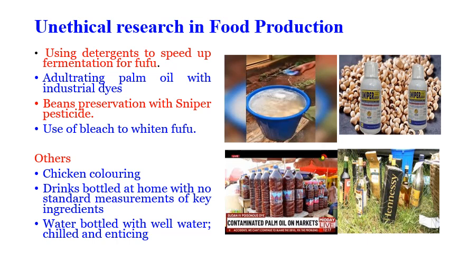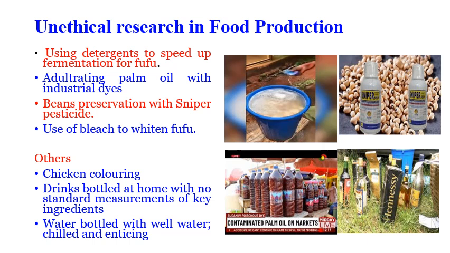Now let's take, for example, some producers who have been caught using detergents to speed up fermentation for fufu. Cassava producers trying to ferment fufu on time using detergents. Detergents are chemicals that are used for washing clothes. They are designed to wash clothes and not for human consumption.